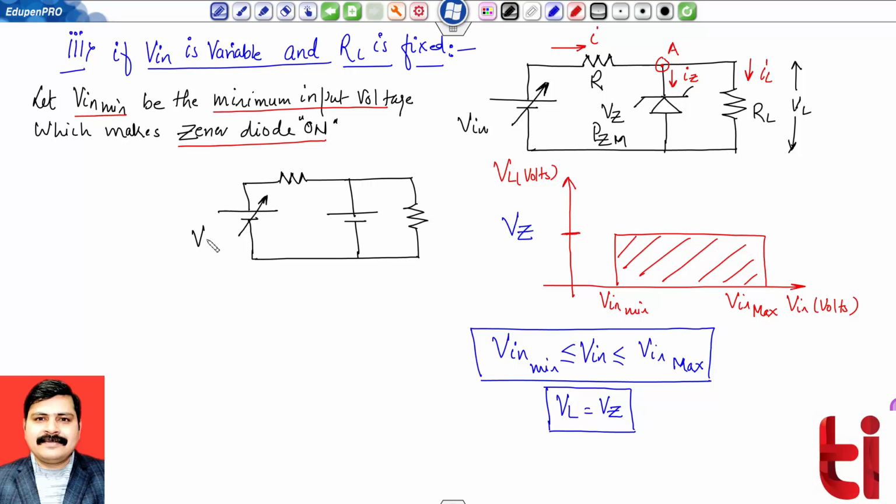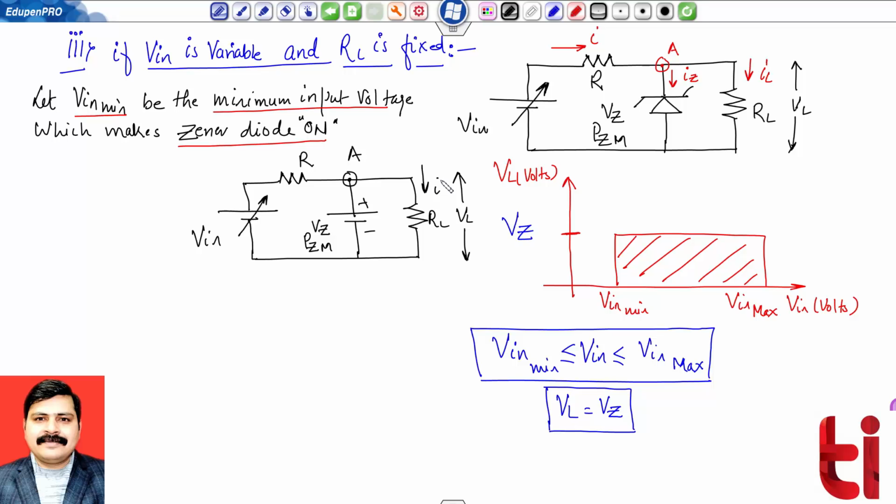Variable input Vin, resistance R, here it is VZ, PZM is also given, my node A, load resistance RL, VL. You can see that in the parallel combination both are equal.